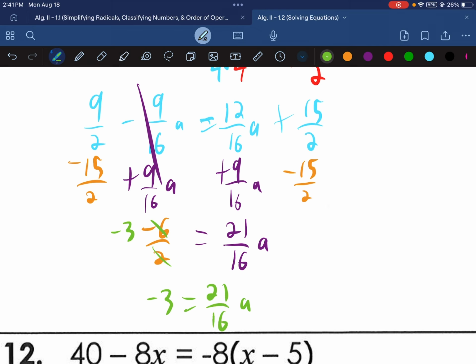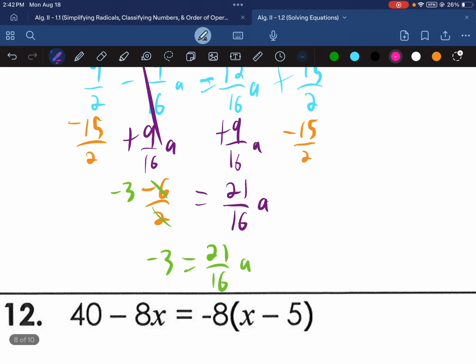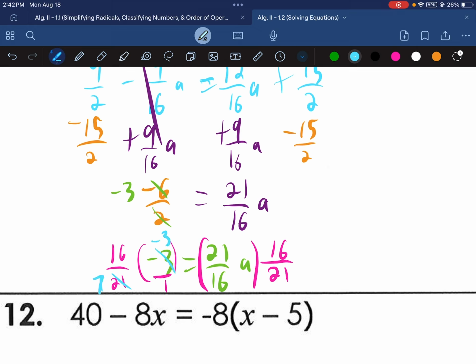So as I have negative 3 equaling 21 over 16a, I look at that and say, oh, I need to undo that multiplication of 21 over 16 by multiplying by the reciprocal, which is the same as dividing. I'm going to put negative 3 over 1 and look to reduce. 21 and 3 reduce to 1, or 7, I should say, and negative 3.